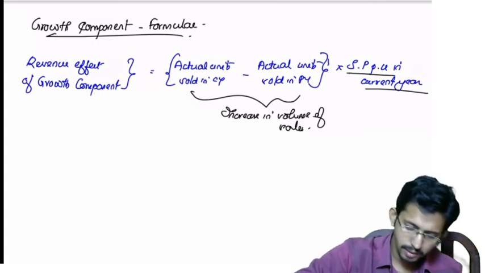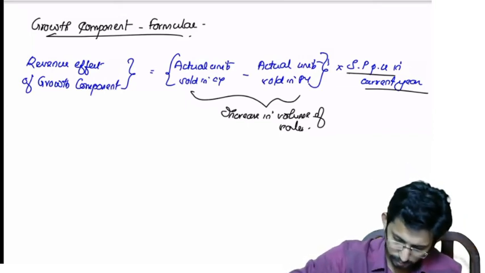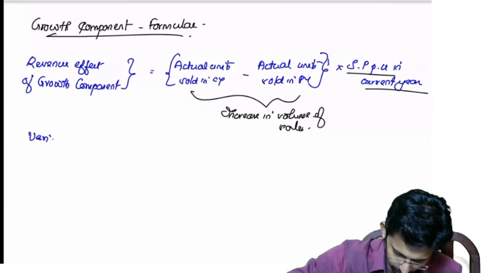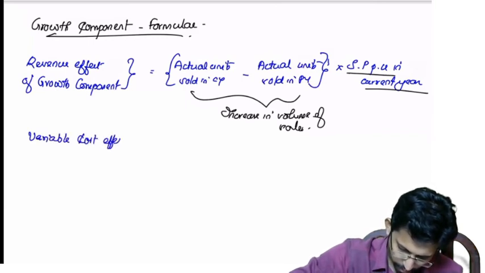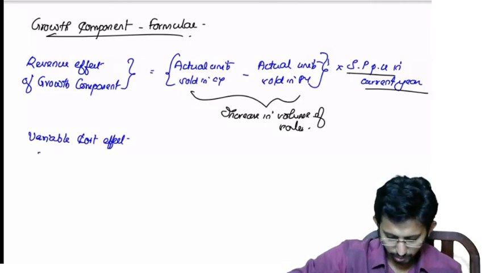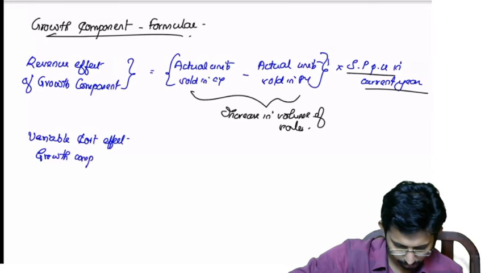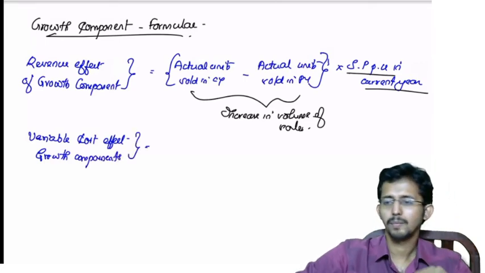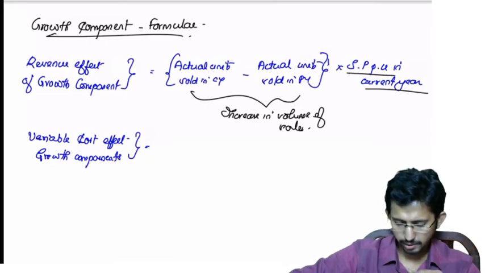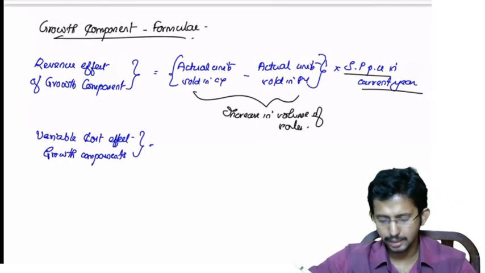Next is the variable cost effect of growth component. What you have to do is take the actual units sold in the current year.